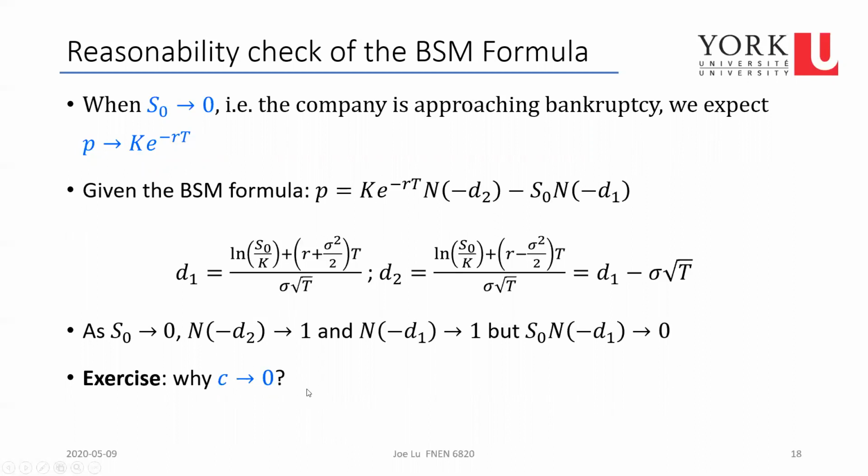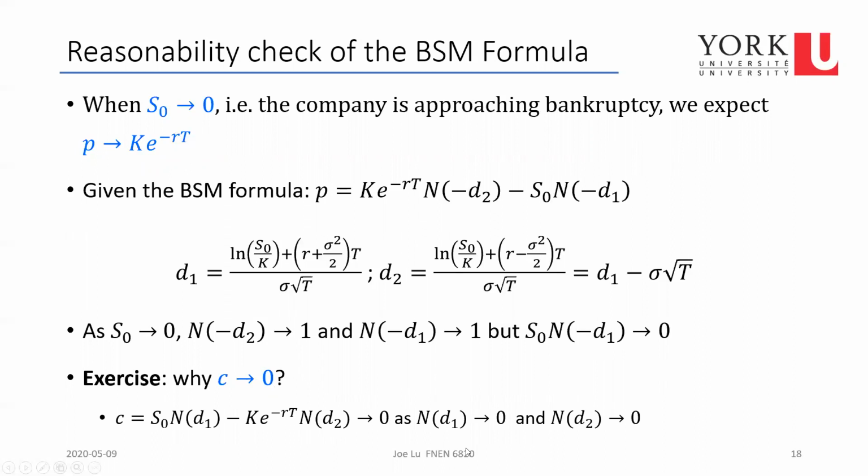For the call, you have this because it's positive here, so it's minus infinity, and N(D1) is 0, and N(D2) is 0, so your call here is going to be 0. So that's basically what we expected.